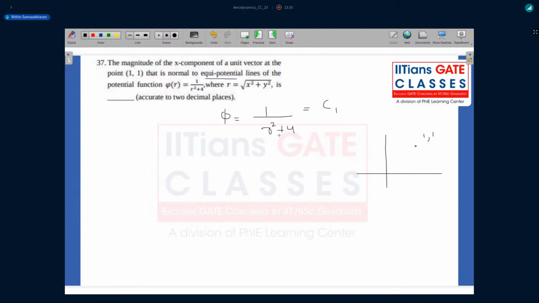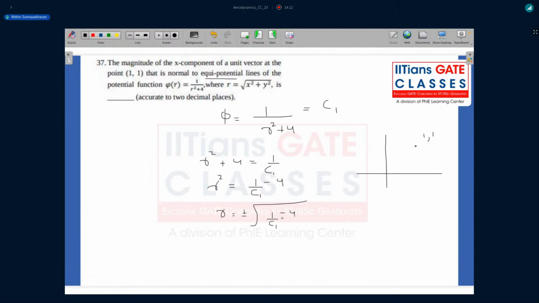Let's say C1. If I take C1 to one side and r square plus 4 to the other side, I get r square plus 4 equals 1 by C1. So your r square is equal to 1 by C1 minus 4, and your r is nothing but root of plus minus 1 by C1 minus 4.